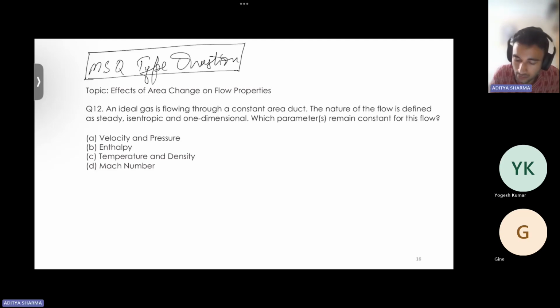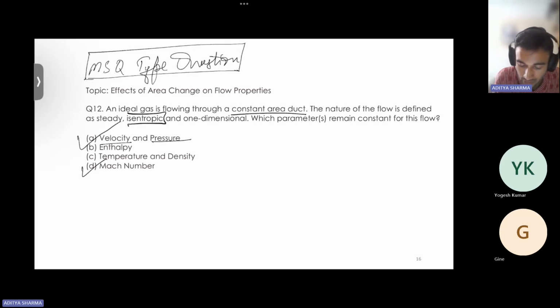It's a constant area duct. One is Mach number. Mach number will remain constant. Then, if Mach number remains constant, velocity will also remain constant, isn't it? If velocity remains constant, pressure will also remain constant. And what happens to enthalpy?